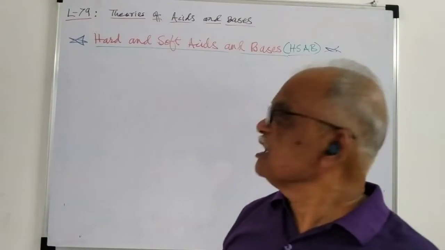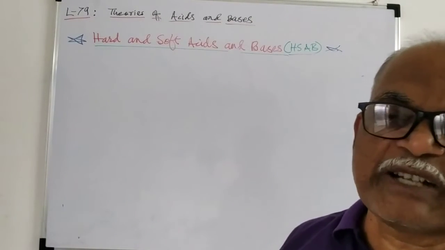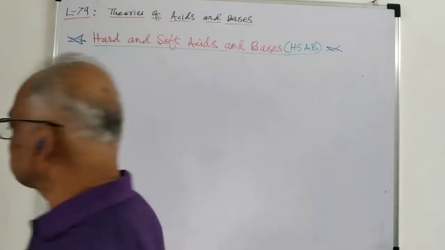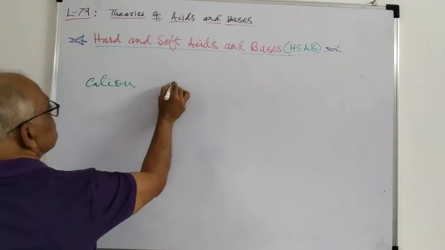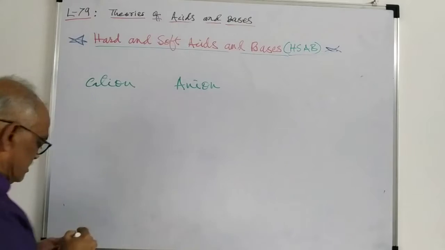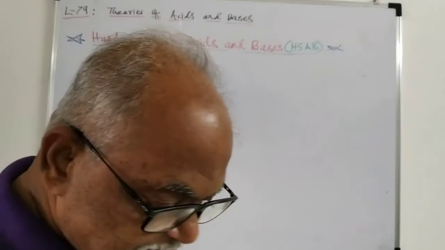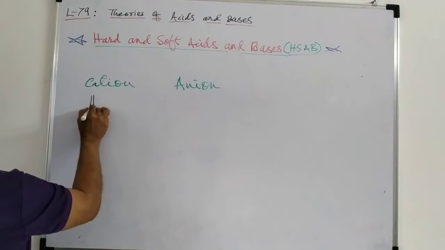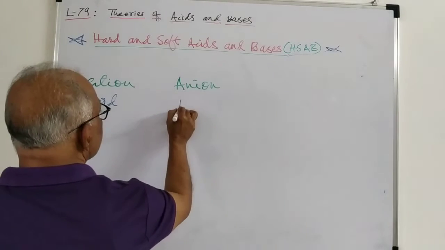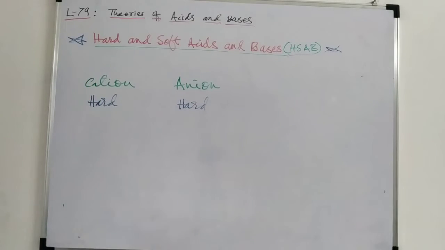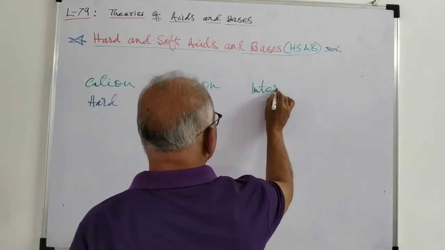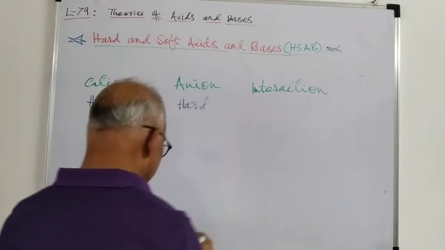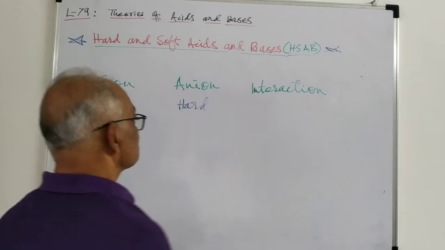Here we have just seen the interaction between cations and anions, and on that basis we can see that when the cation is hard and the anion is hard, meaning both are hard species, then the interaction between the cation and anion is strong.